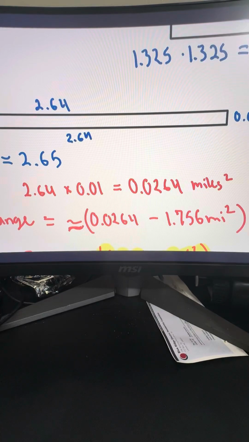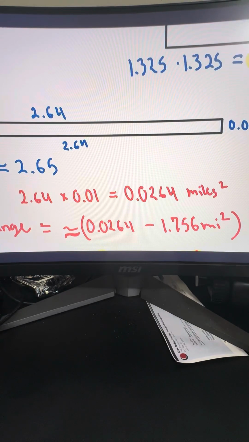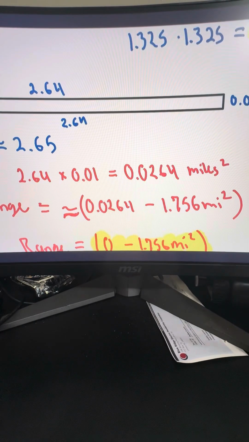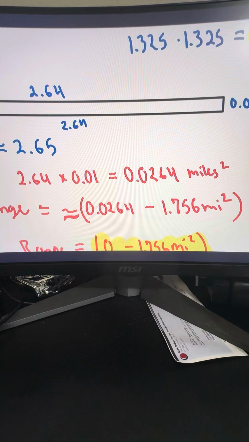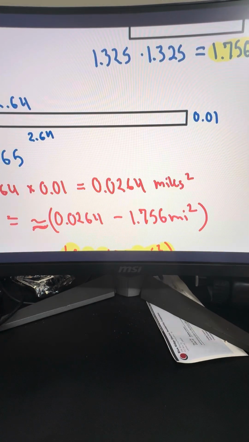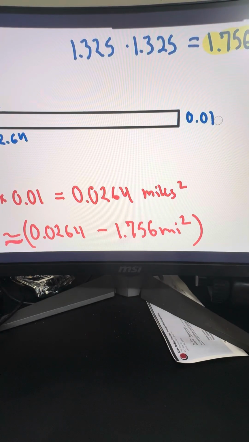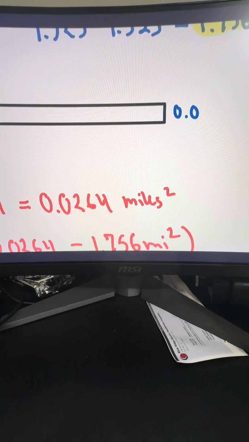So at first I wrote the range is approximately 0.0264 to 1.756. But notice how I wrote approximately, because it's interesting that you can make the range whatever you'd like. For example, let's go back up here. 0.01 is obviously a really small number, but an even smaller number is 0.001.